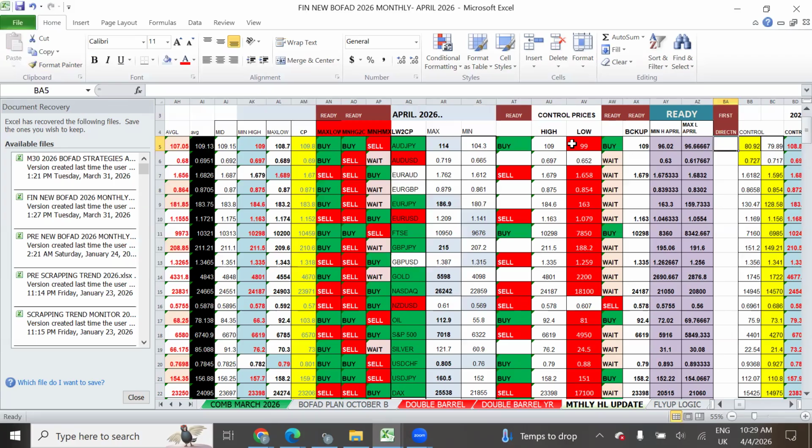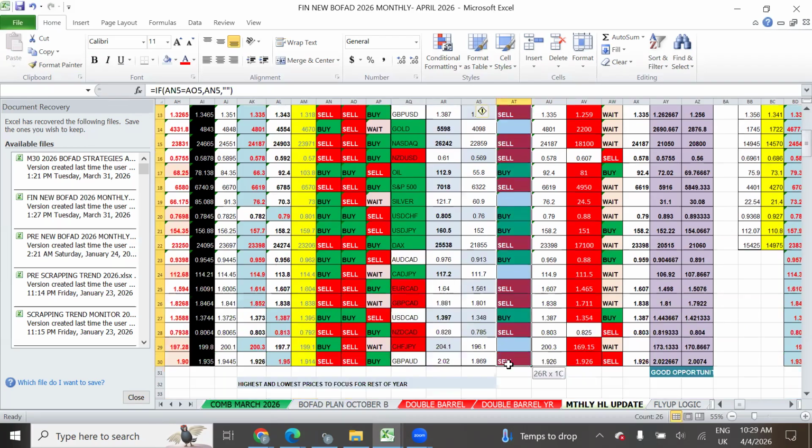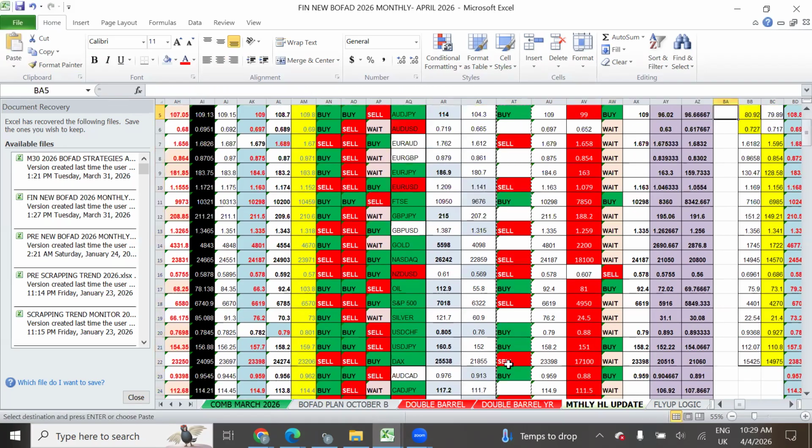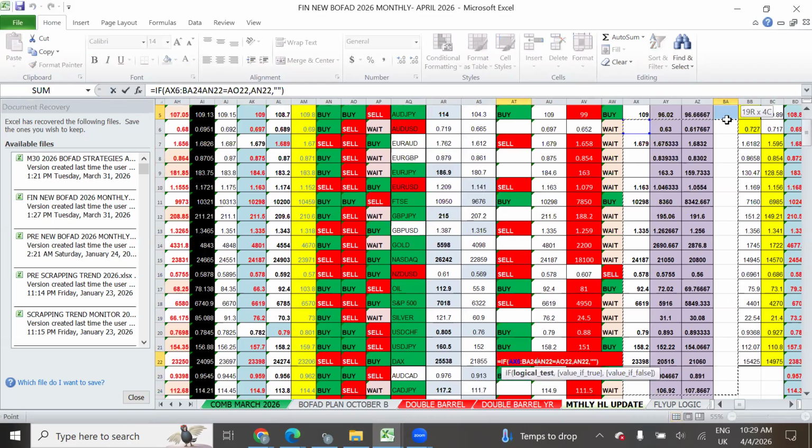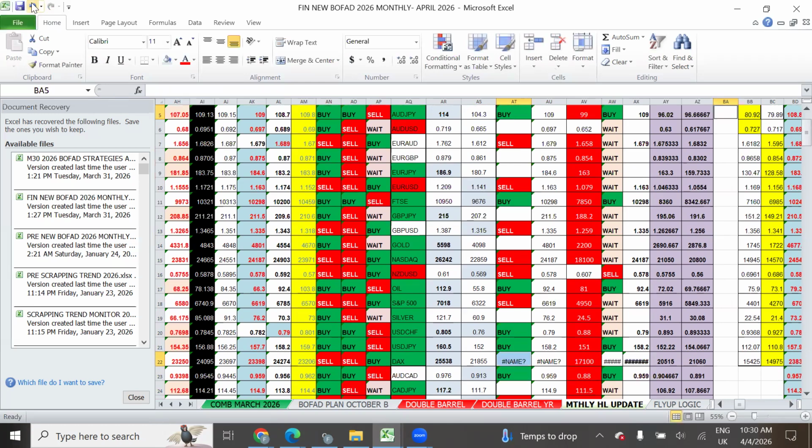Based on all this that has already given us a direction, I'm going to copy and paste it there so that we'll be able to know whether the market is still on that direction or the market has changed.